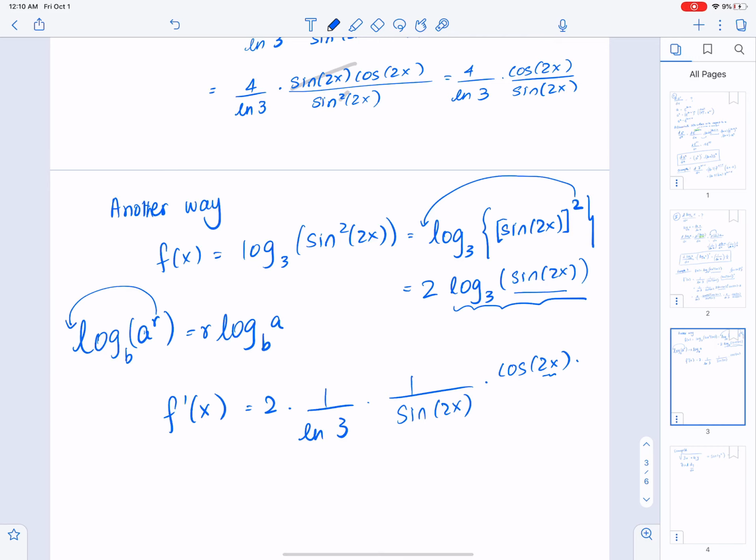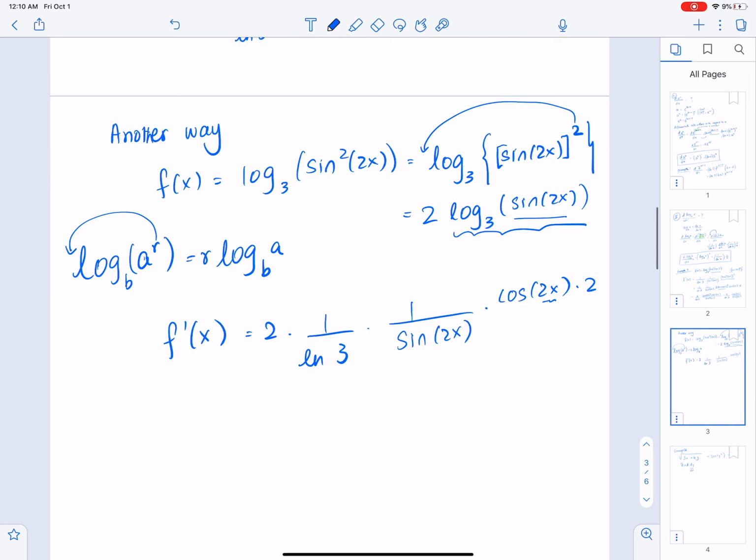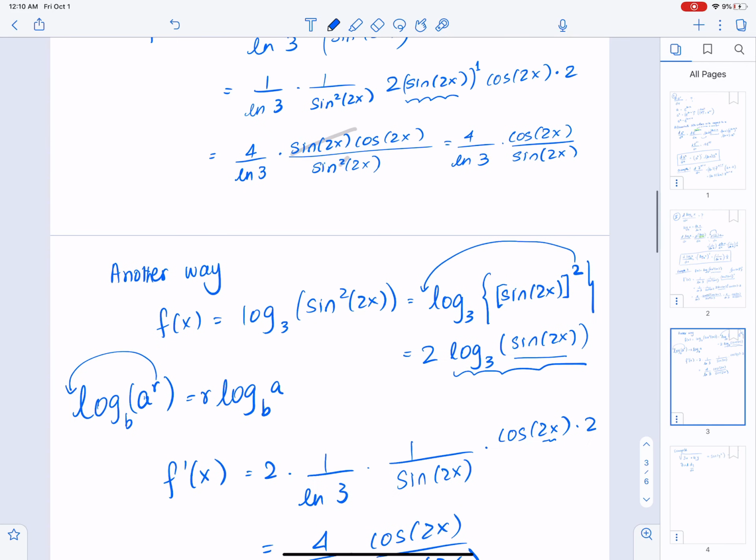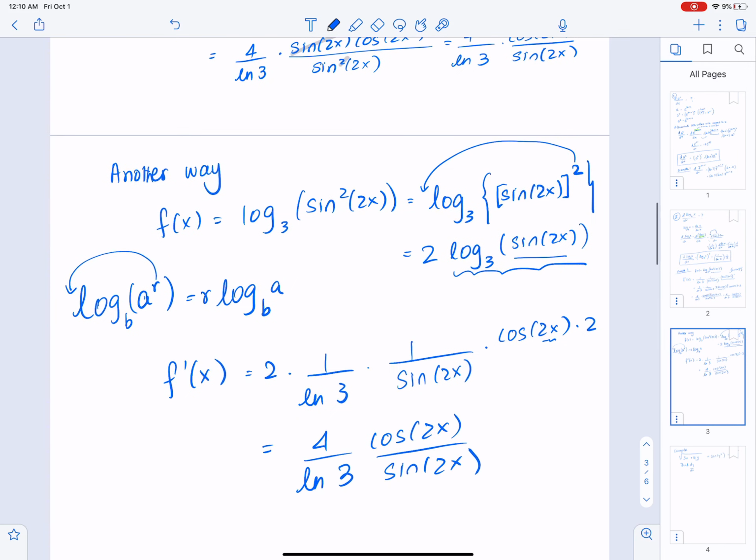That's not just x, so once again, throw in the derivative of 2x, which is 2. Put it all together, and you have 4 over log 3 times cosine 2x over sine 2x. So you see it's the same answer. This was just simpler because we used the log rules. I hope that made sense.